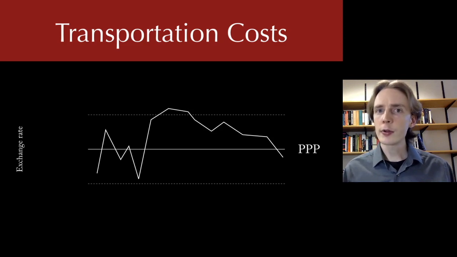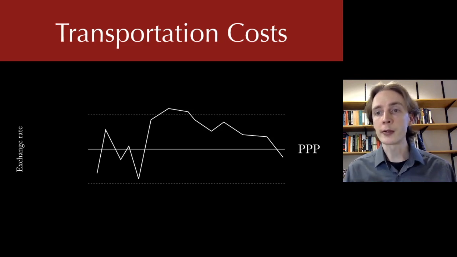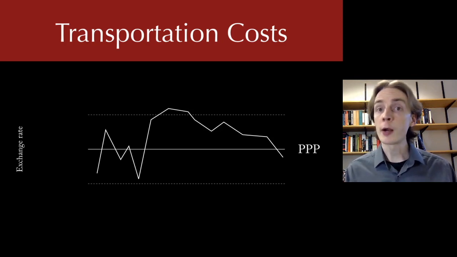The effect of transaction costs, like transportation costs, or like tariffs, or any of these other things, is going to be to give some wiggle room around that purchasing power parity. So if you move outside that band, it's going to be profitable either to import or to export, and to arbitrage that price difference if it becomes big enough. And that's going to push you inside the band.